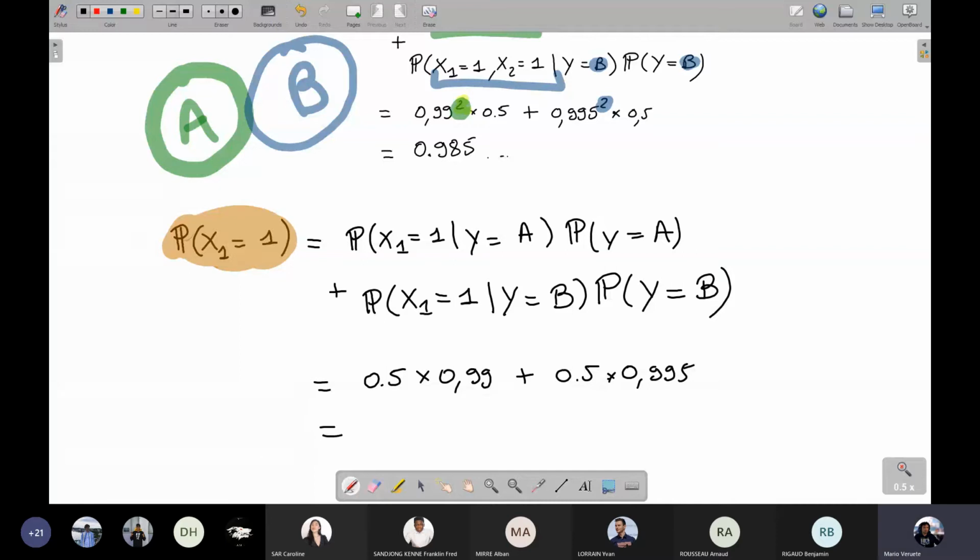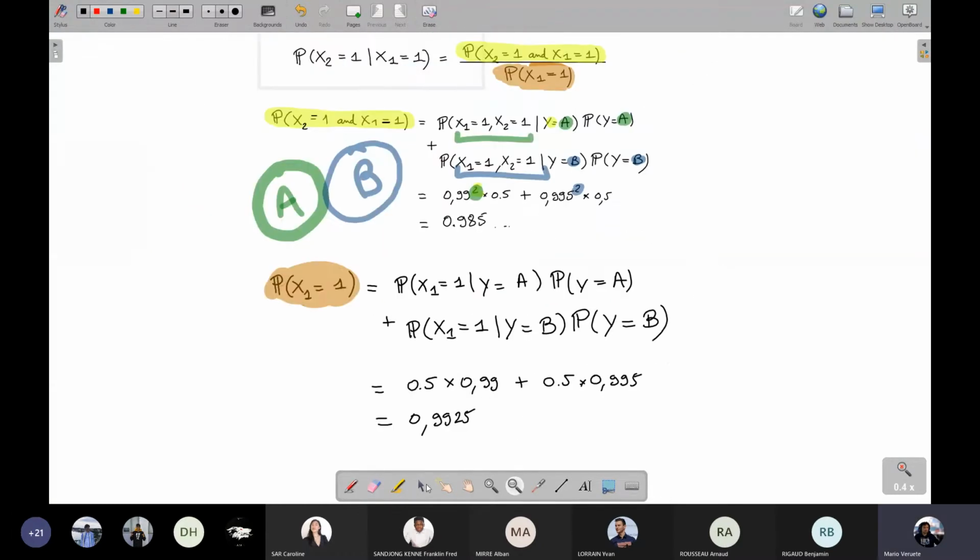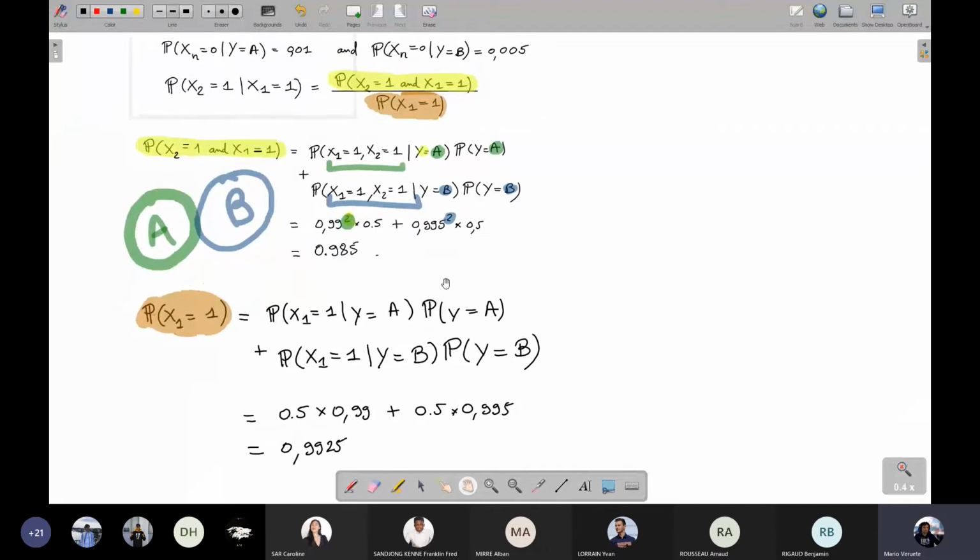And if I take my computer and put in Python 0.5 times 0.99 plus 0.5 times 0.995, this is 0.9925. So you have to compute those two things. The first is the numerator, and the second one is the denominator of the fraction.